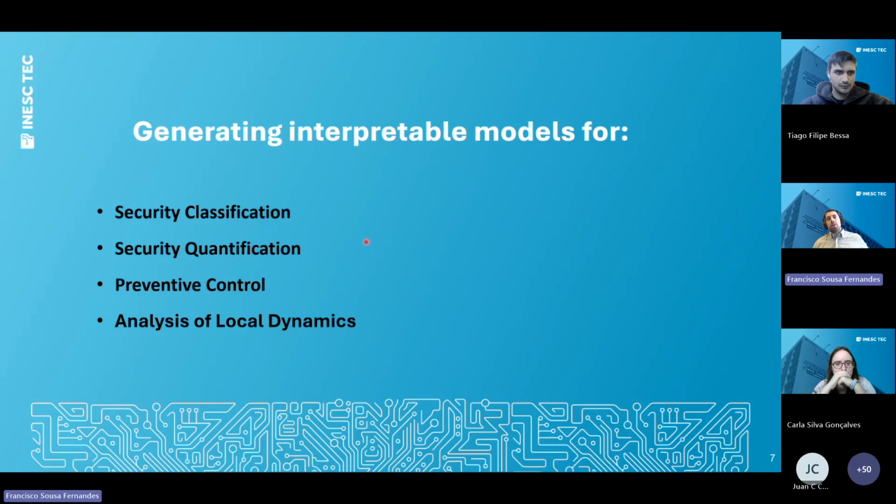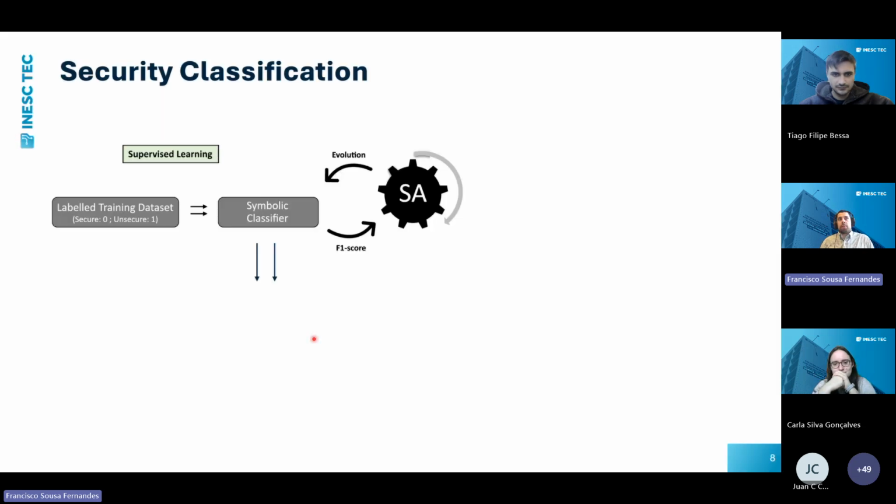So now, based on this, I will show some of the results that we got by applying this to these different tasks, okay? And I will show for some of them the advantages of interpretability. In terms of the security classification case, we just need to apply what I have explained before. We just need a labeled training data set with a set of operating points, saying if the system is secure or insecure.